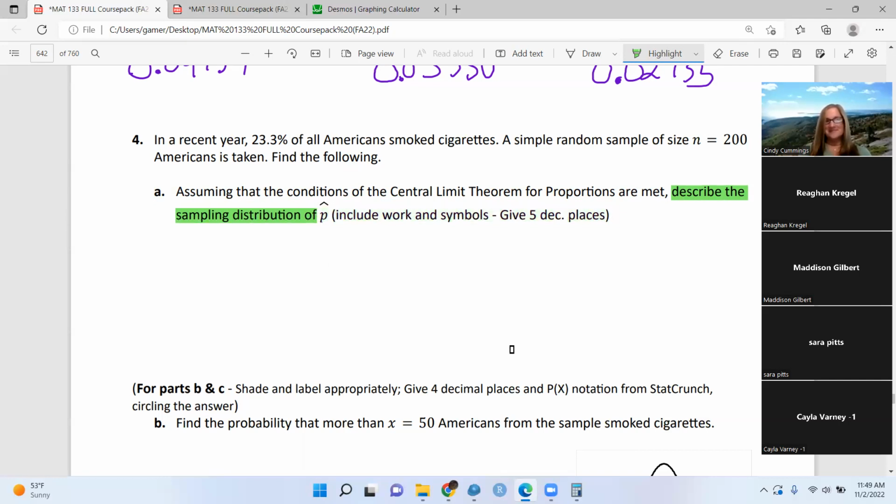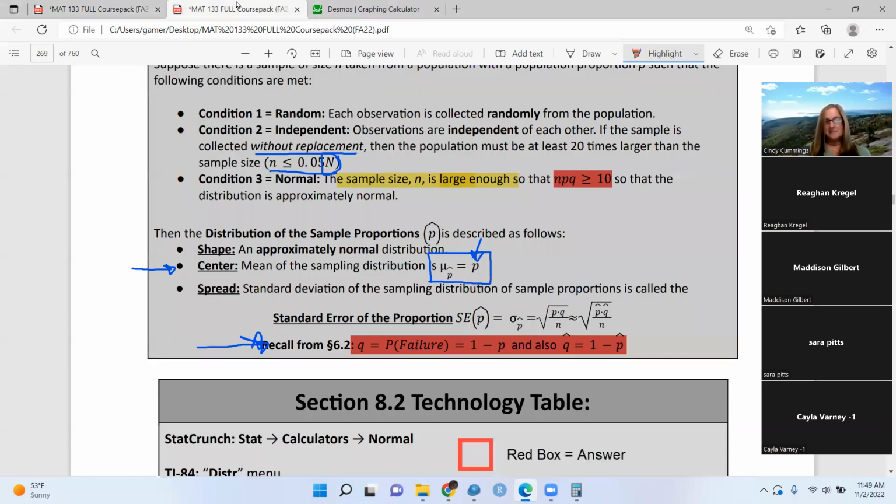This is the main question. Describe the sampling distribution. Now that's a command, not a question, right? There's no question mark at the end, which makes it sometimes a little harder to find. Then the sampling distribution of proportions is blah, blah, blah. So yeah, that's it. Nice.